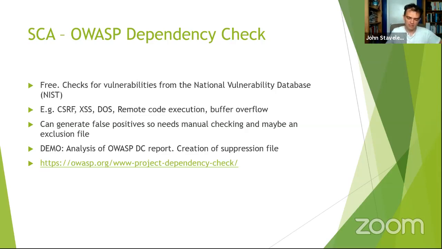So things like NuGet packages, NPM packages, which could contain all sorts of security ills: cross-site request forgeries, cross-site scripting, denial of service vulnerabilities, remote code execution, buffer overflow. It can generate false positives, so it needs manual checking. I'll go through that in a minute. And then you may need to create an exclusion file if you judge that it's not applicable to your setup or you've mitigated it in some way.